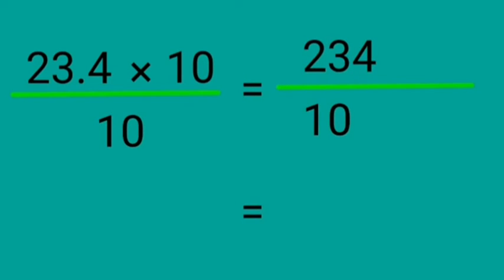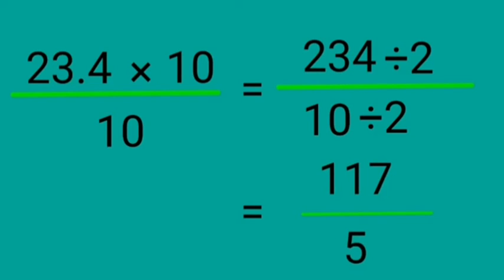To simplify this, we should divide by 2 on both numerator and denominator. Dividing 234 by 2, we get 117. By dividing 10 by 2, we get 5. Therefore, the answer is 117 divided by 5.